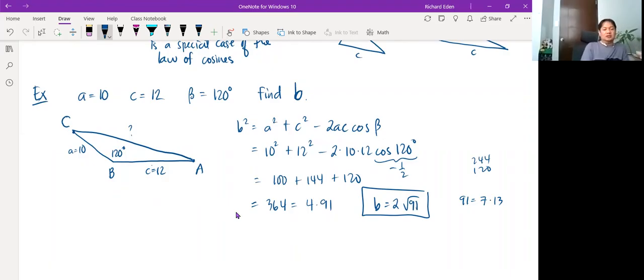And then, of course, with trigonometry, nangyayari, A, C, this is 10, and this is 12. But because you have 120 degrees there, that means here you have 60 degrees. We need trigonometry.